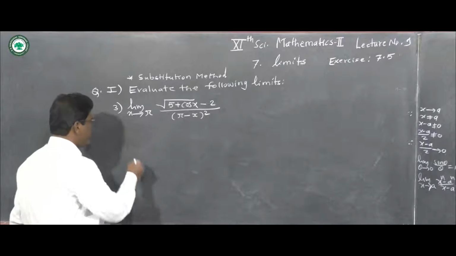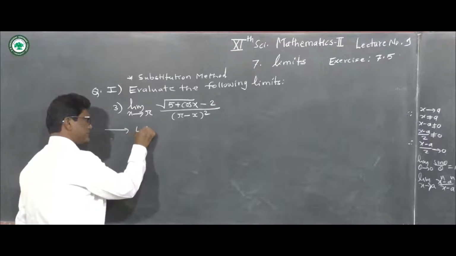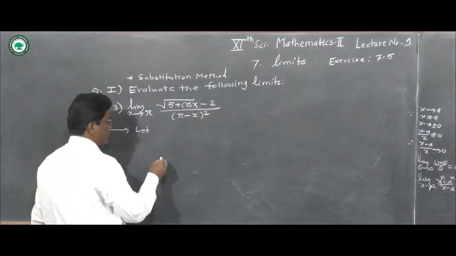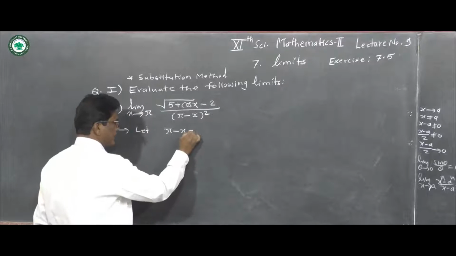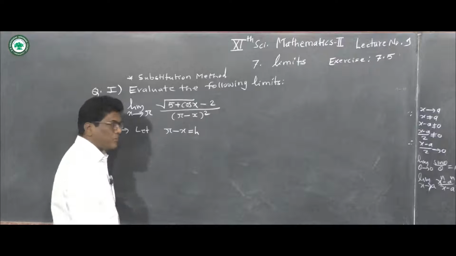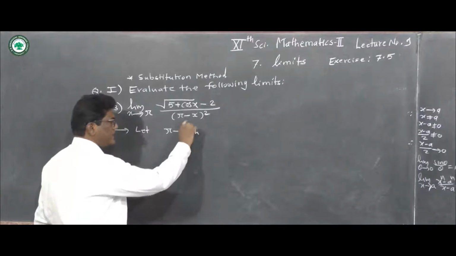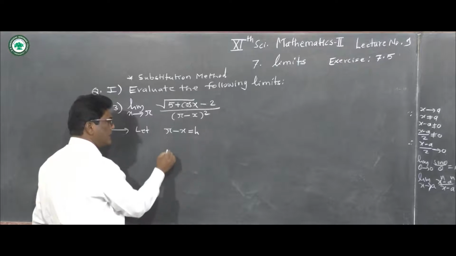So we write firstly here, let pi minus x be equal to h. From this find the value of x, carry x to the right hand side and h to the left side.